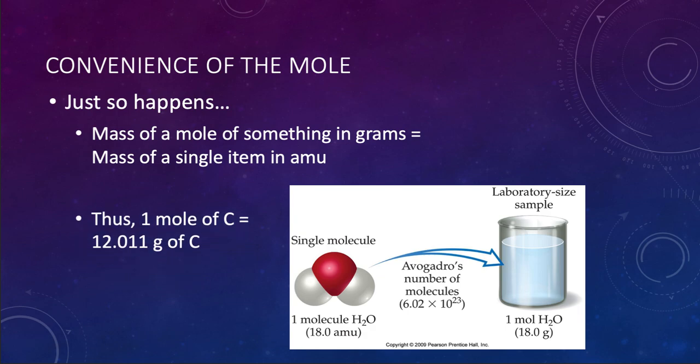All right, so 1 mole of carbon is 12.011 grams of carbon, right? That's also going to be a conversion factor. So 12.011 grams per mole is the conversion factor you would use in order to go between grams of carbon and moles of carbon.